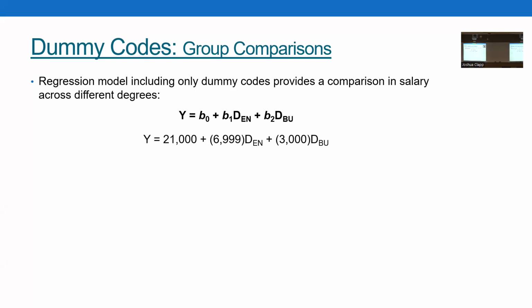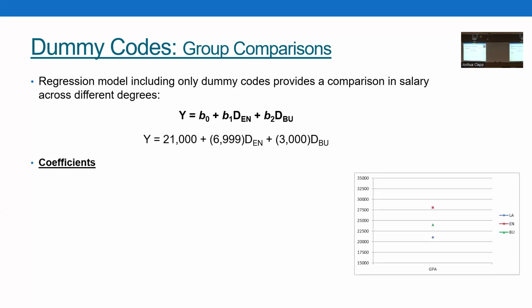This is the expected additional starting salary that we would expect for engineers and also for business majors. Because if someone's an engineer, then by definition they're not a business major. That's 0, that falls away, and we're just adding that to the base salary. So liberal arts is like the base salary, and here's what we would expect on top for business.